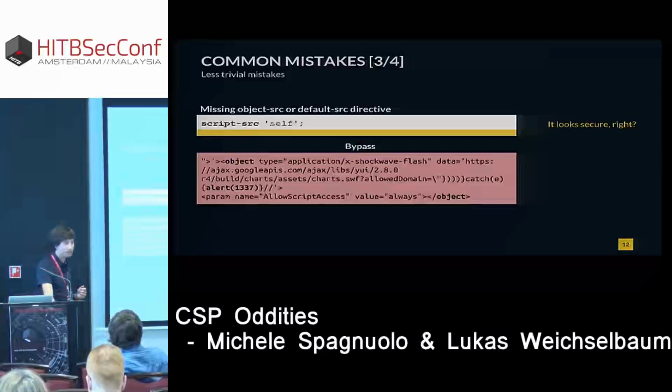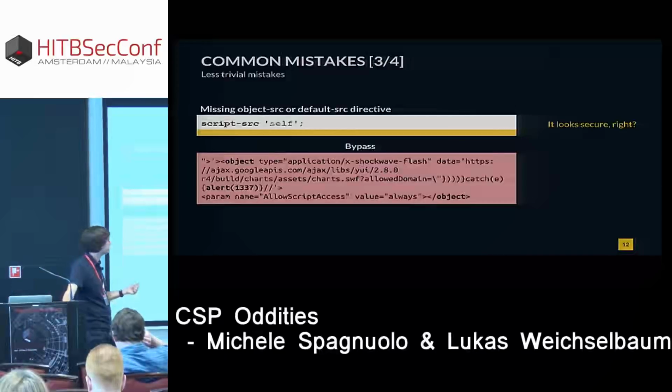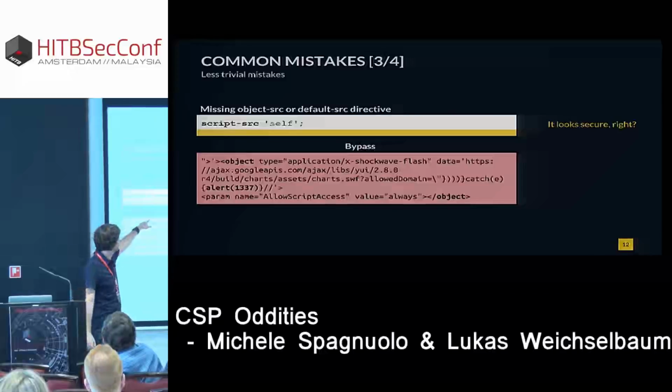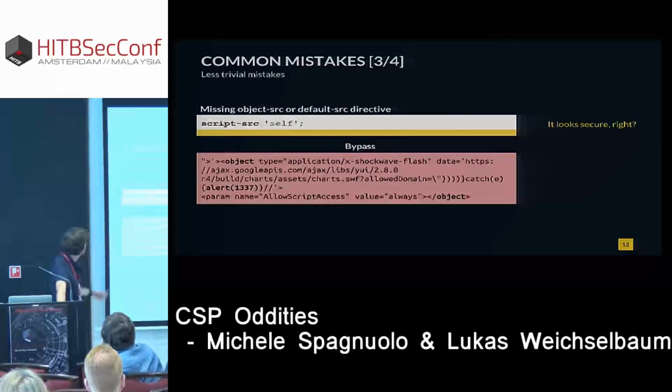Here it becomes less trivial, right? Very often people set default source very liberally to allow images or whatever, or they just restrict the script source. For example, this one is kind of strict, just self. If you don't allow user provided content or user uploads on the same domain, it's usually okay-ish. But very often people forget to add default source or object source.